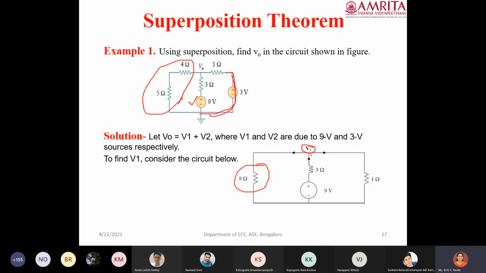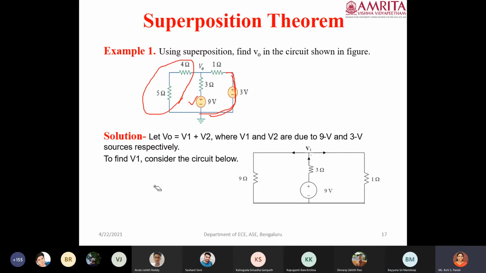You can use anything, either mesh analysis or nodal analysis, whatever you want. How will you find out V1? Ma'am, we can find the current and then find V1. V1 by 9 plus V1 minus 9 by 3, like that. Nodal analysis. Yes, you can use nodal analysis.